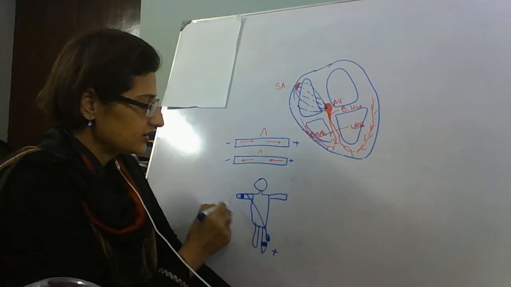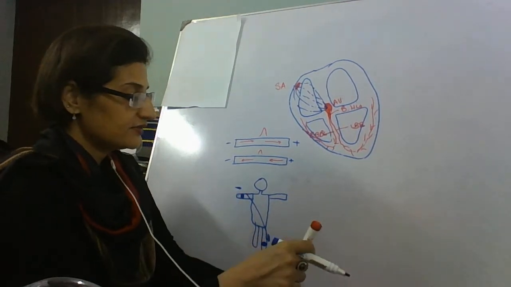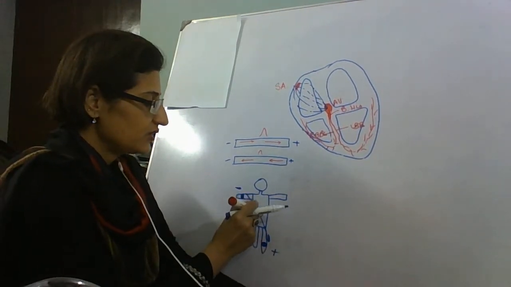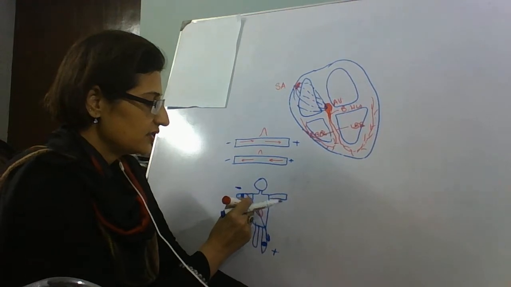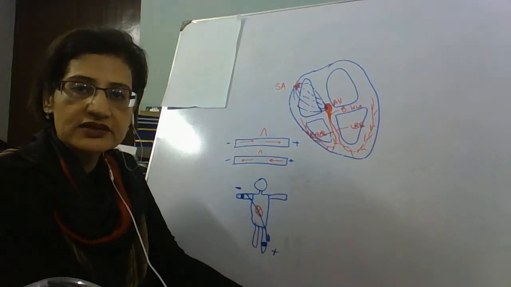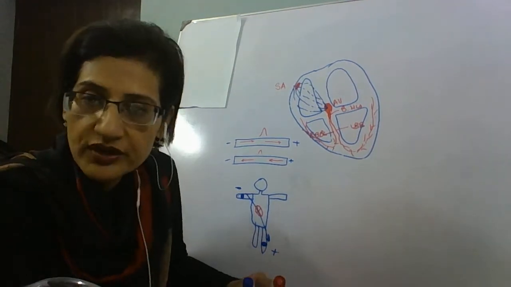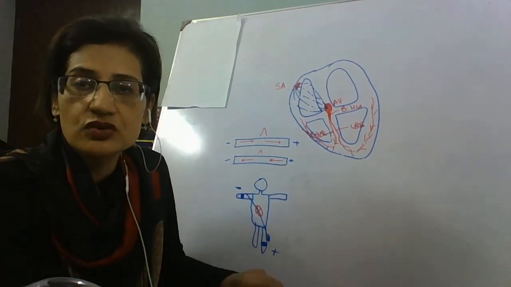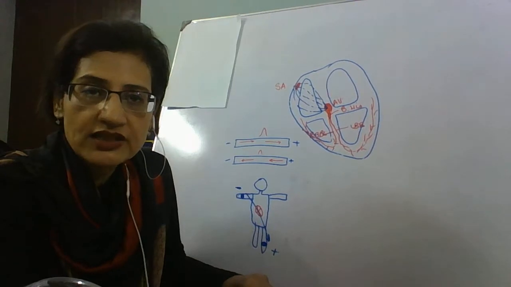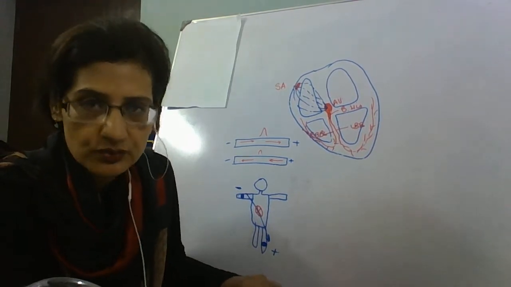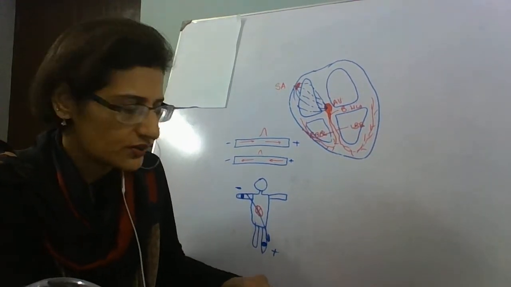This is positive, this is negative, and hence we are looking at the heart in this way, right? So the waveform which I showed you is a typical normal waveform of that lead, that is lead 2. So I'll explain according to that.